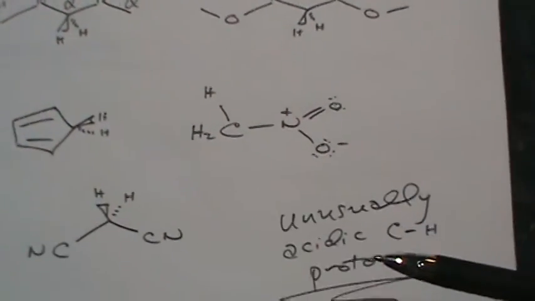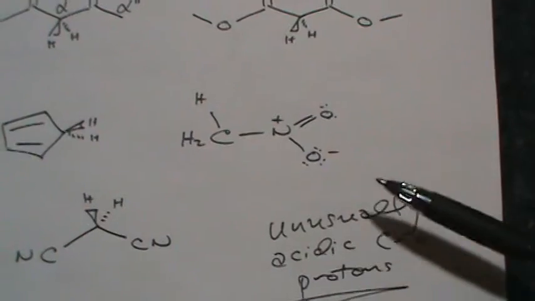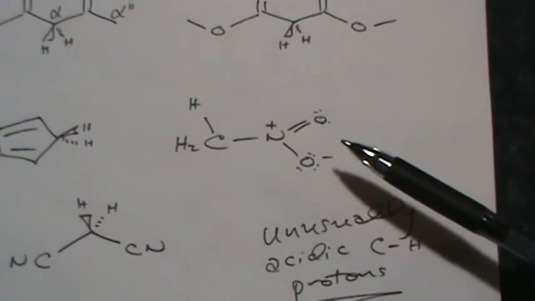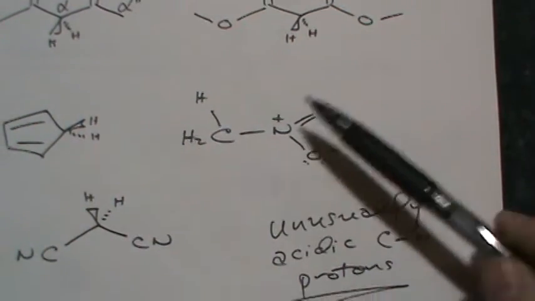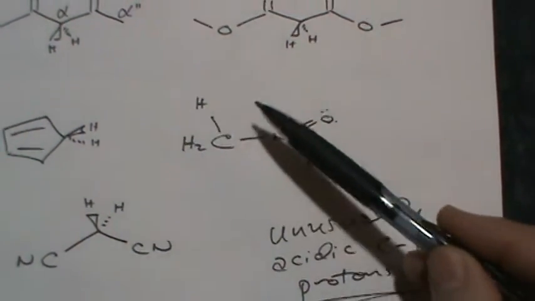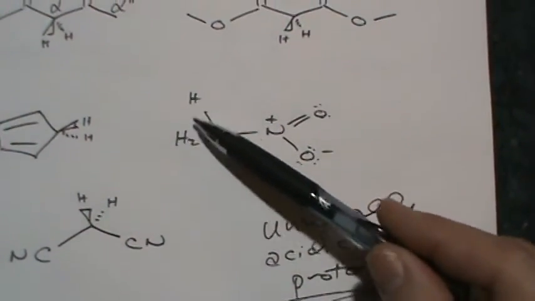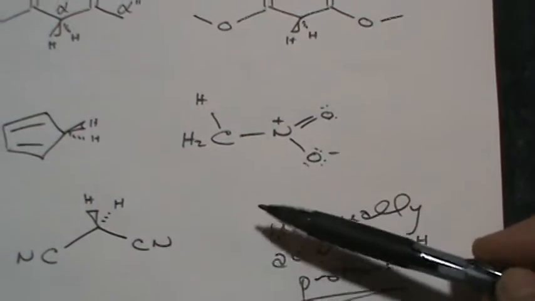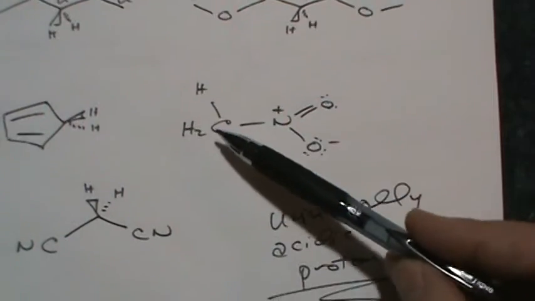Other compounds have unusually acidic protons because of functional groups that are attached. Like for example, this nitromethane molecule. Here I've drawn one of the carbon-hydrogen bonds out, but in truth all 3 of these carbon-hydrogen bonds at this methyl carbon would be unusually acidic. Doesn't matter which one you pick.